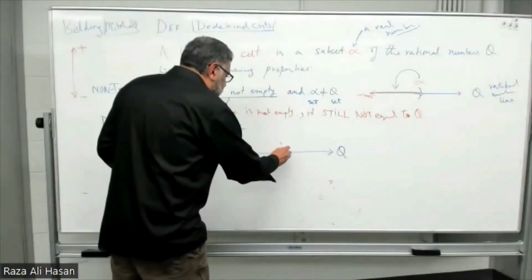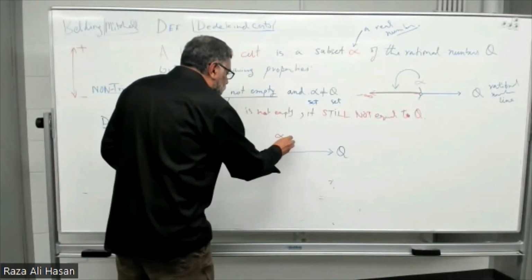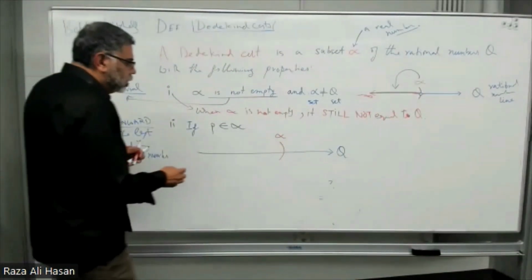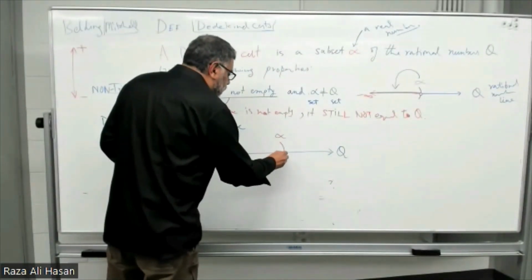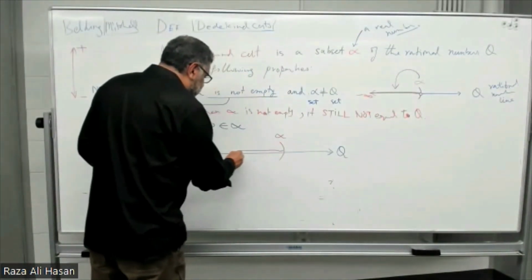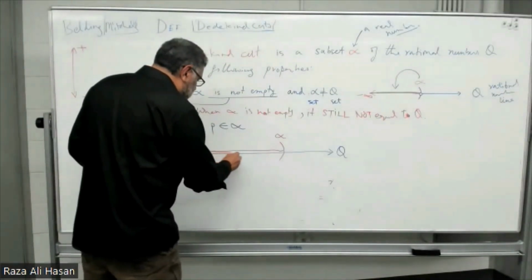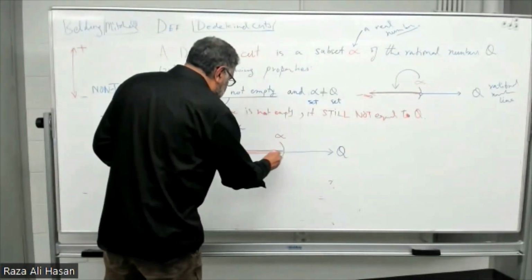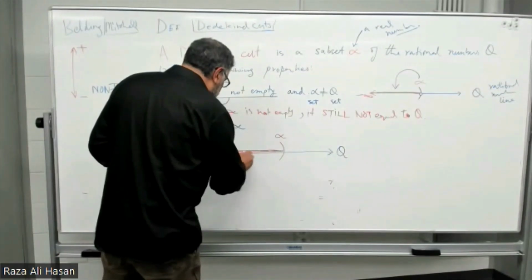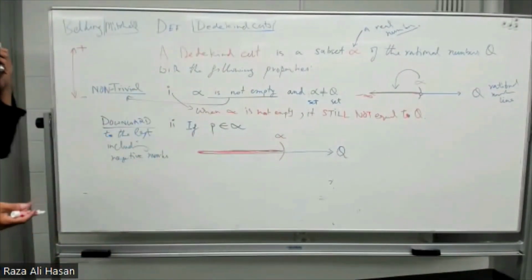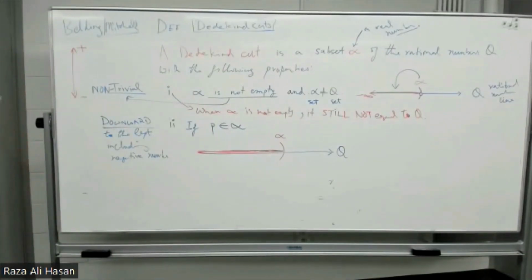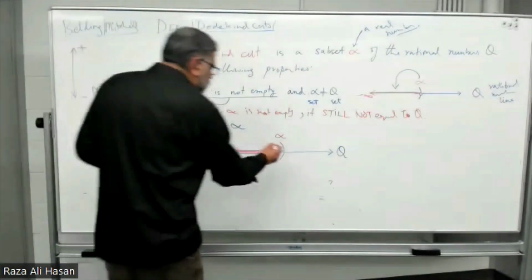So we've got alpha here, and I'm just going to put a red line here. All the rational numbers to the left of alpha, alpha itself is an irrational or a real number.